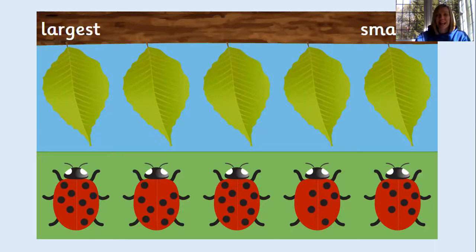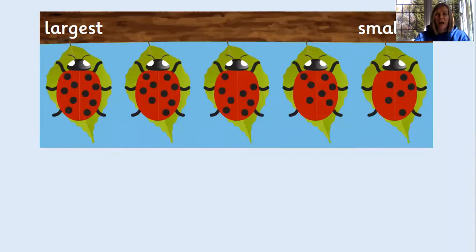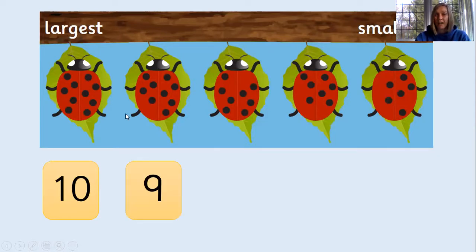Great job, everybody. Let's have a little look at how I ordered my ladybirds. I've gone from the largest to the smallest. And this time my largest number was 10. Let me just check. 1, 2, 3, 4, 5, 6, 7, 8, 9, 10. Then I put 9 to come next. 8.